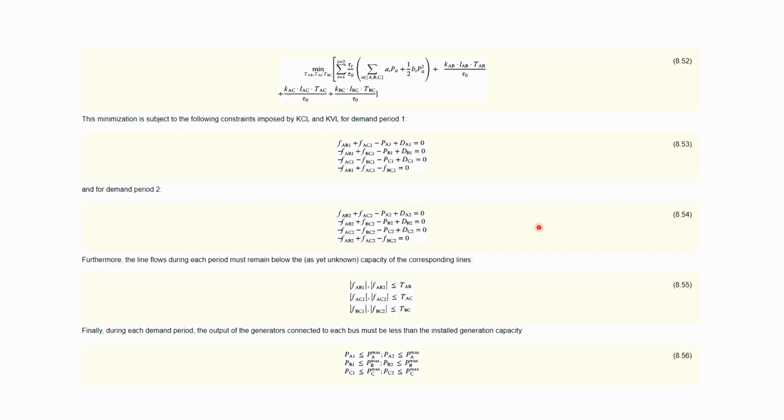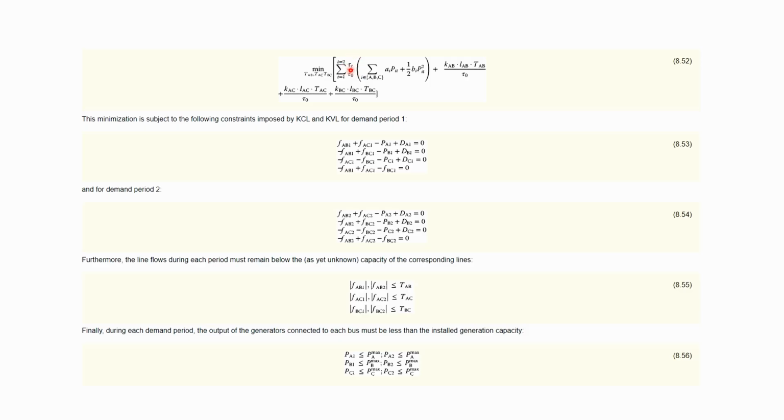When we do the optimization of how to build the most optimal interconnectors between the 3 areas, we have this objective function. We want to minimize the total costs, and it is the cost over the 2 periods we are working with, period 1 and period 2.